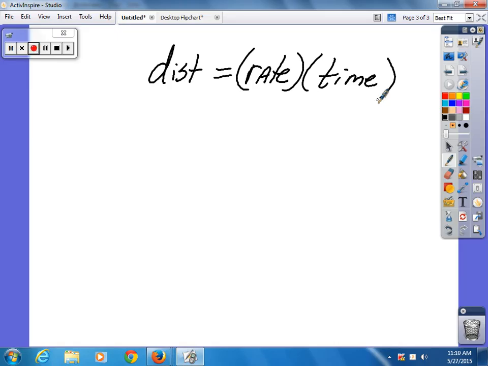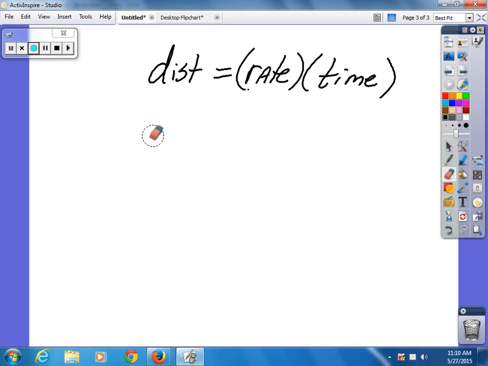Now, I know this is recorded and some people will have a fit when I say this, especially physics people. Rate is the same thing as what? Speed. All right. So distance equals rate times time. I could solve it for time.